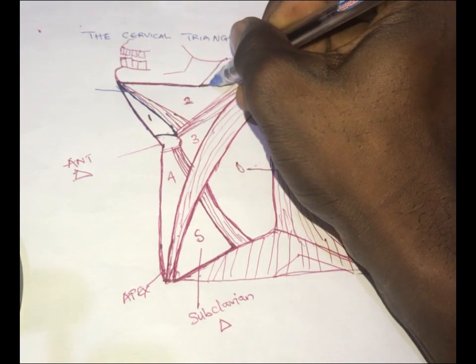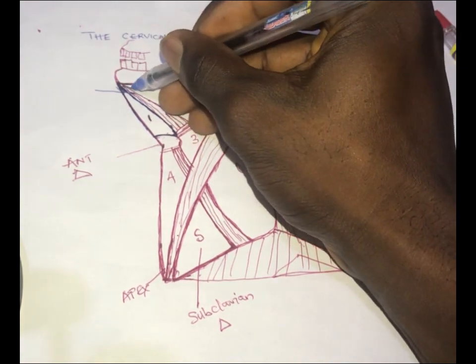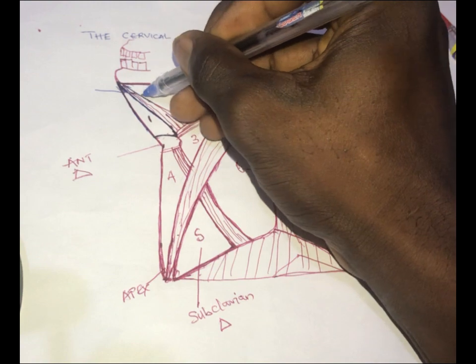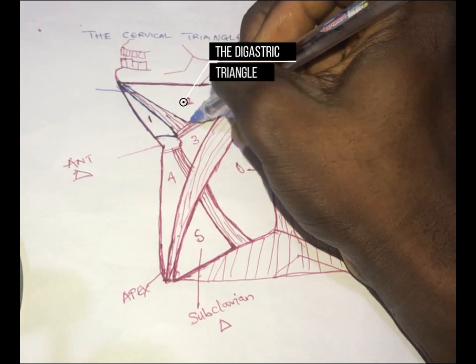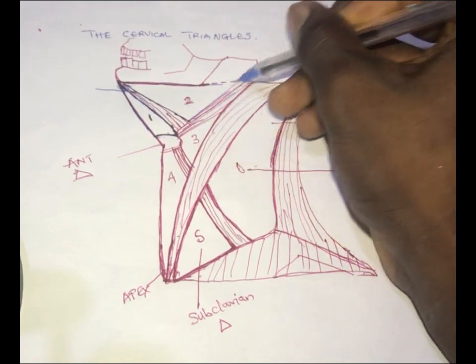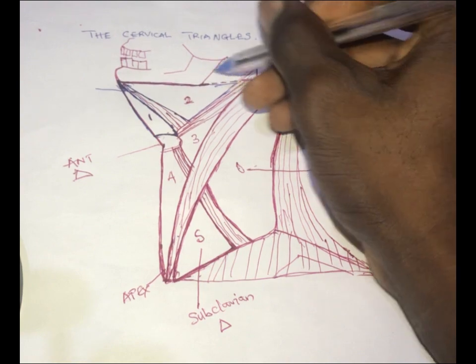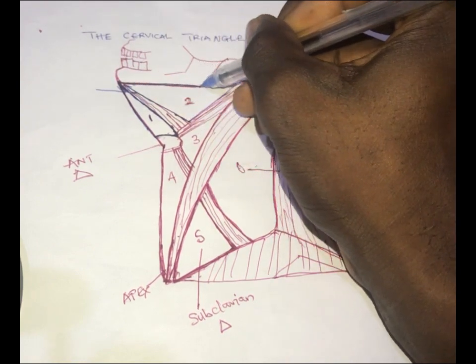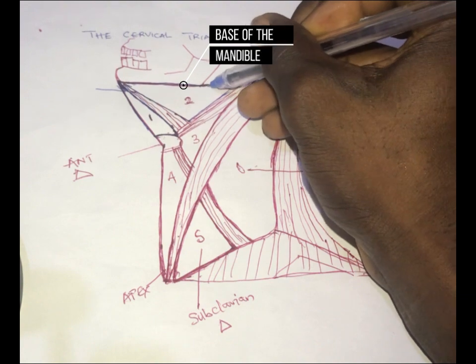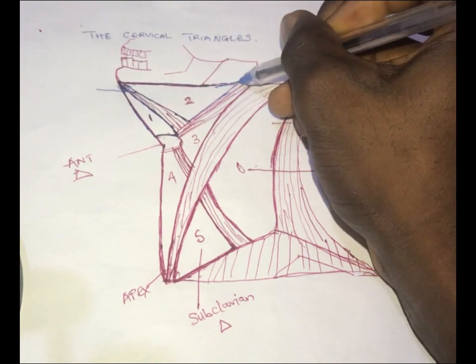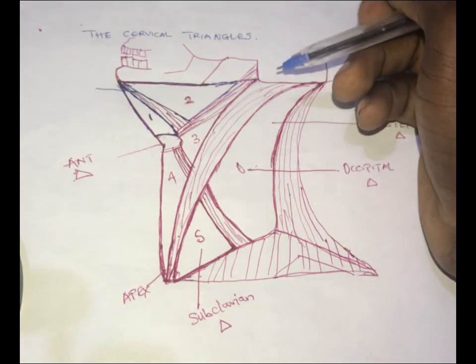Then, the second triangle here, we have the digastric triangle. The digastric triangle is a paired triangle and it is bordered superiorly by the lower base of the mandible and the line that joins the angle of the mandible to the mastoid process.